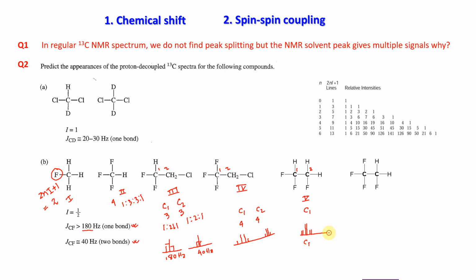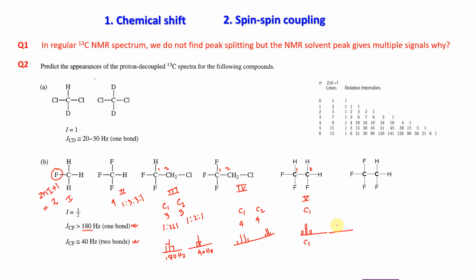C2, tell what will be the situation for C2? Yes, triplets. Okay, so individual peaks will be further split into triplets. So first will be doublet.